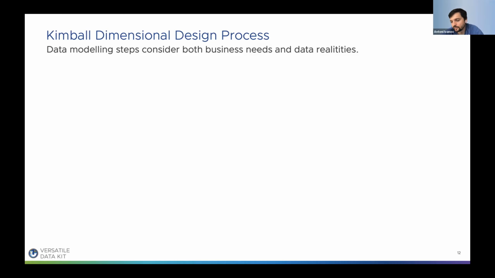data model. In the Kimball design process, the first thing is you need to make sure that you define the correct business process, right? This generally is one of the hardest things. If you manage to get to one sentence where you describe your business process simply, then everything else will fall into place very easily.